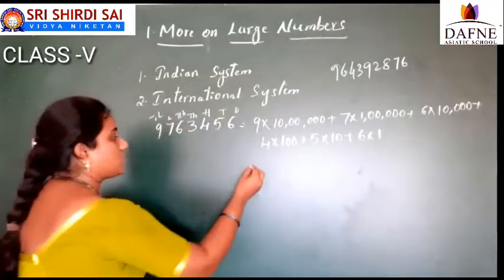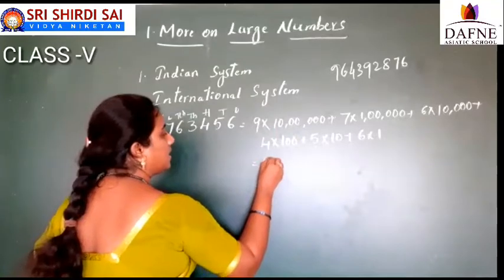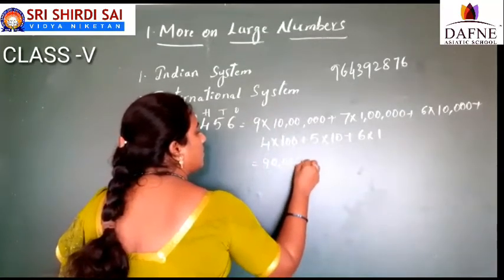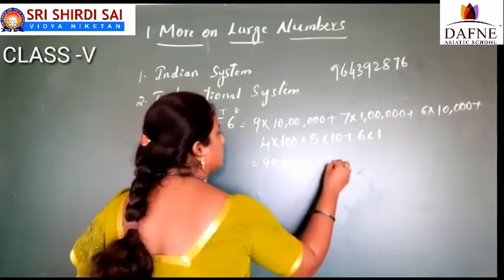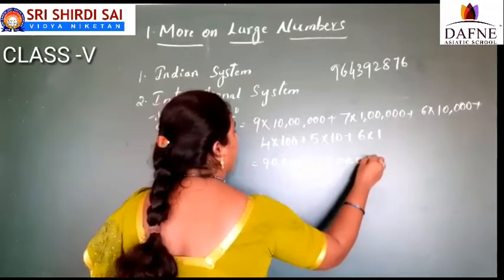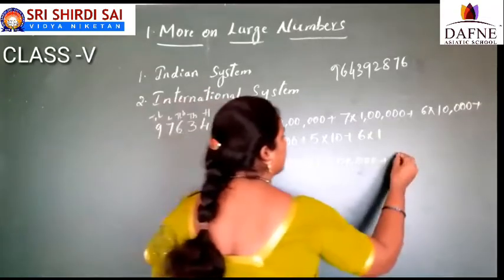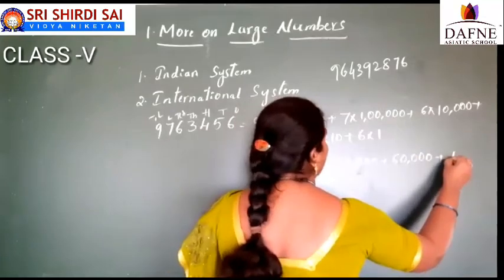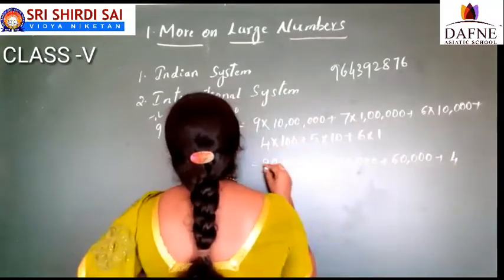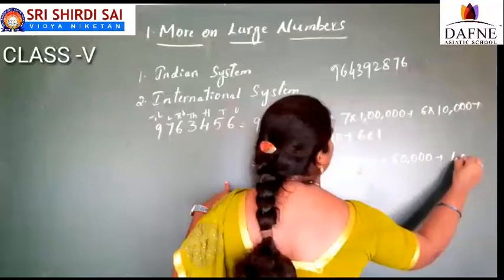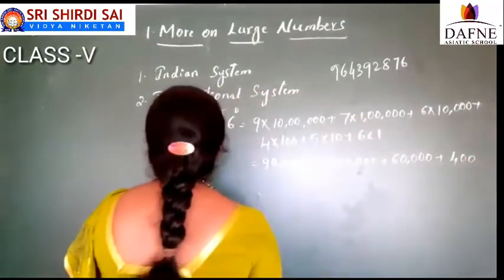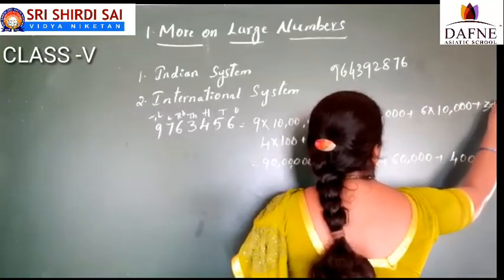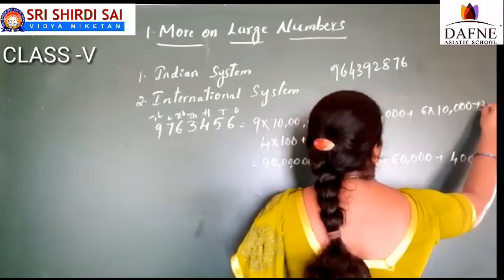And the second step, the product of each one. 9 into 10 lakhs is 90 lakhs plus 7 lakhs plus 6 into 10,000 is 60,000 plus 4 into 100 is 400. Sorry, here 3 into 1000, I forgot. So 3 into 1000.